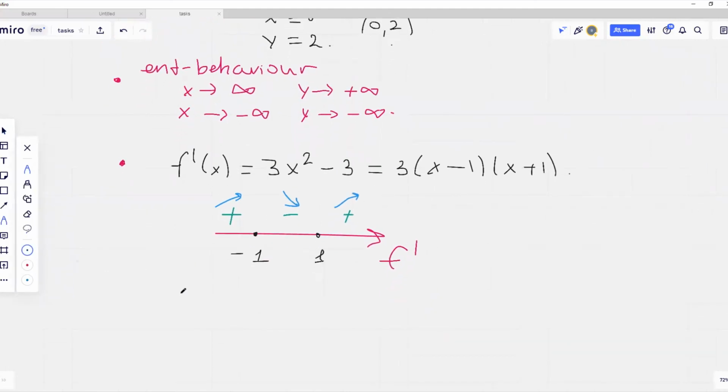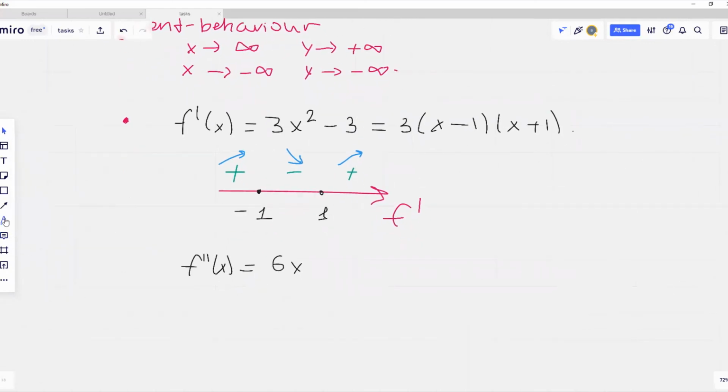Let's find the second derivative to study the concavity of our function and find possible inflection points. This is 6x, meaning that we have an inflection point at x is equal to 0.